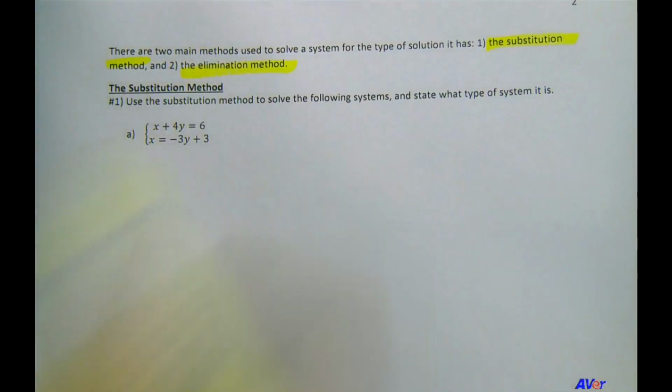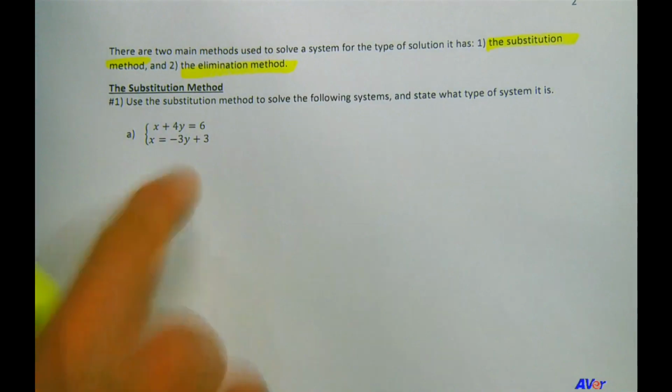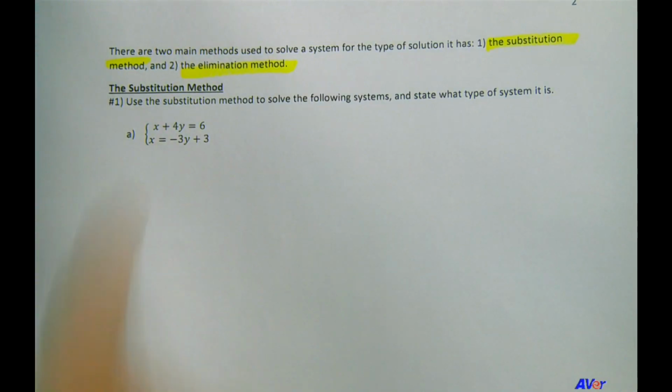We're talking about two linear equations in two variables, where you have the substitution or elimination method. In section 6.2, we will be talking about systems of three equations in three variables. The method there is about 30% different than this method.